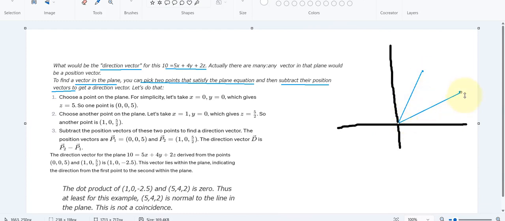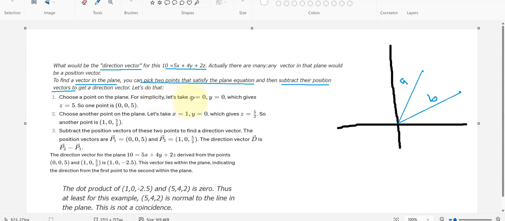We can call them OP1 and OP2, or we could call them A and B. And if we subtract A minus B, we'll get C, which is here and goes from B to A, as we've discussed. That's going to be a vector in the plane. So that's one way to get a vector in the plane: just choose any 2 points and subtract their position vectors, and that will give you a vector in the plane.